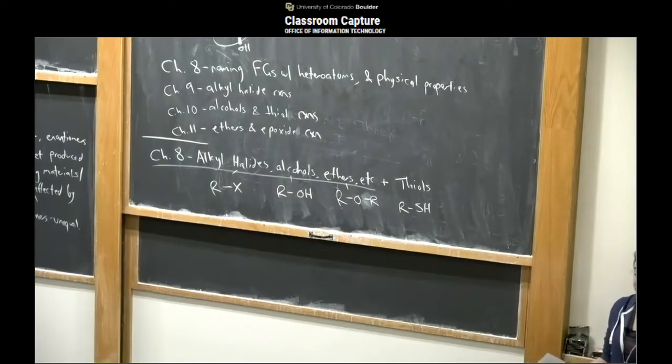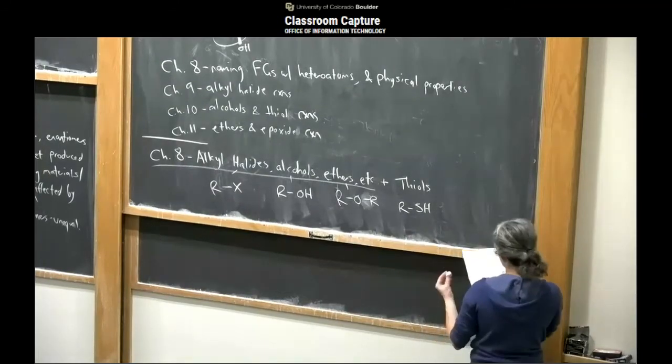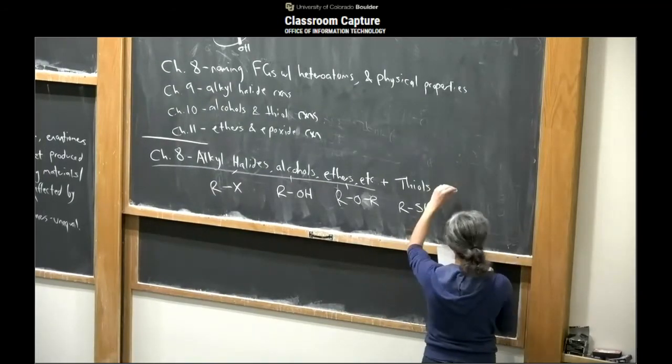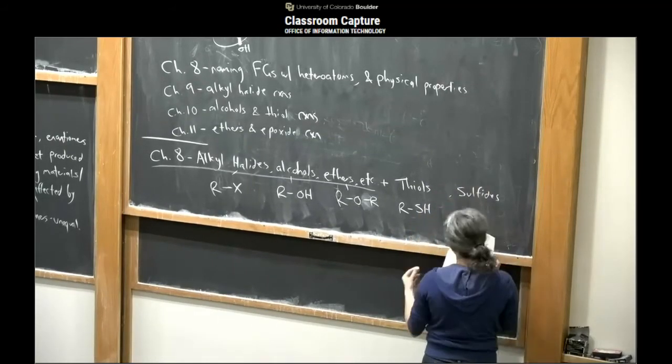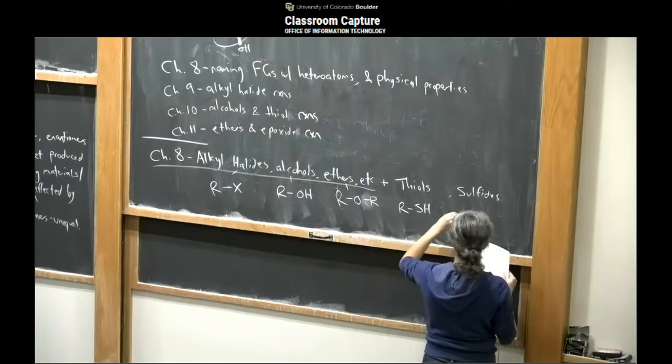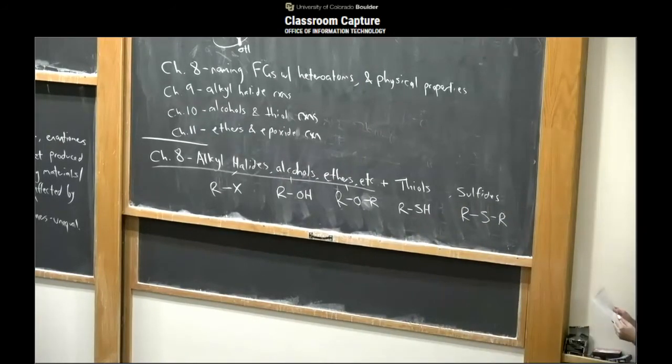Plus, they can violate the octet rule on sulfur. So they're going to do a little bit of extra stuff just by virtue of having a different atom there. And then we can also look at sulfides, which are pretty equivalent to ethers, again with an S there instead.